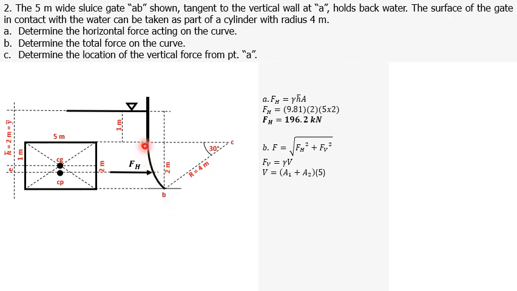Next, we draw a vertical line from point A up until the imaginary liquid surface also, so that the enclosed area is the area we consider for our volume. So we have area 1, this area, and area 2, which is this rectangle. So volume is equal to area 1 plus area 2 times the width of the gate perpendicular to the paper, which is 5 meters.